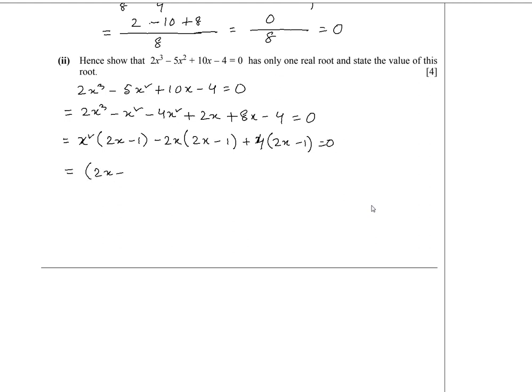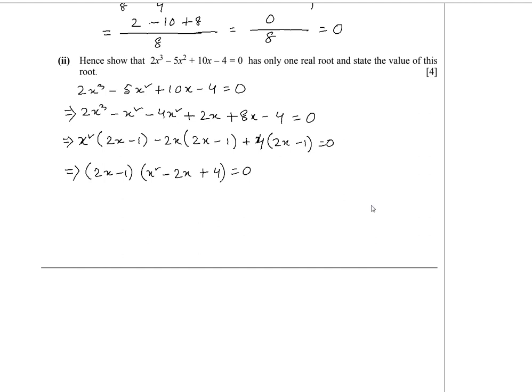Now from the third line we can take 2x minus 1 common, and inside the bracket we write x squared minus 2x plus 4 equals 0. So I can say that it has two factors, one is 2x minus 1, the other is x squared minus 2x plus 4.